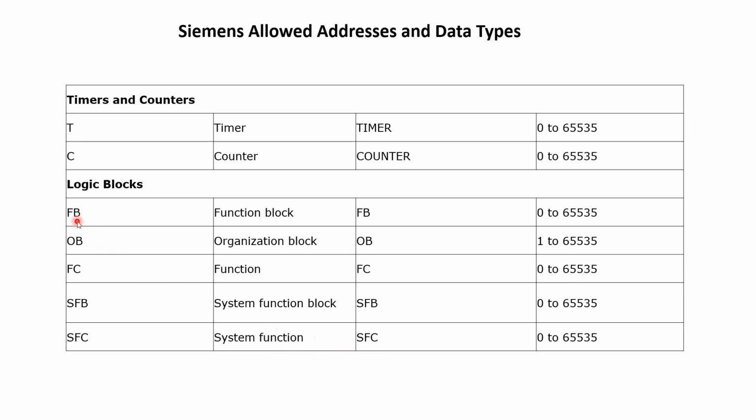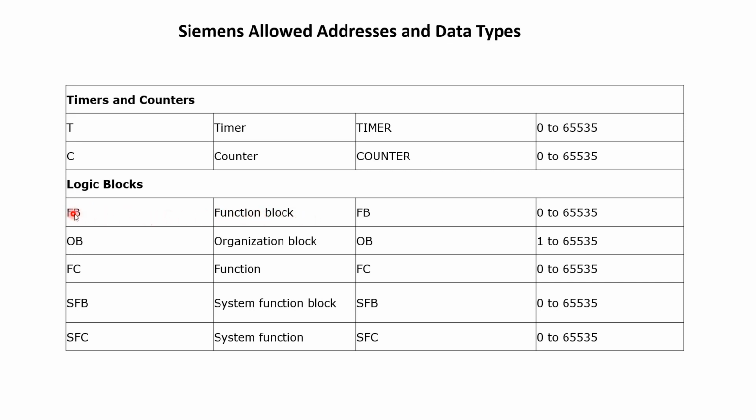You will want to know the difference between, say, an FB and an FC. Okay, an FB is a function block that has memory, so it has an instance data block where values for this function block are stored.